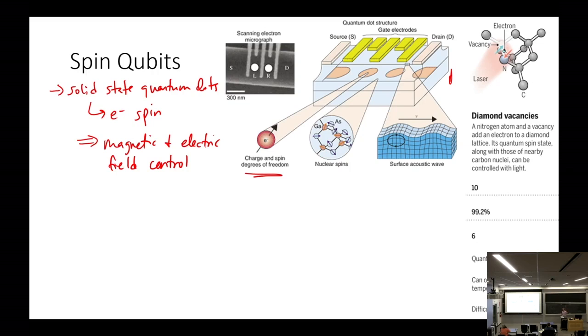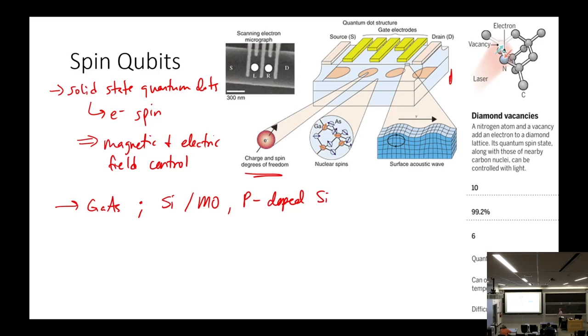The earliest experiments of this type were based on gallium arsenide-based quantum dots, but other types of solid-state quantum dots have also been explored. Gallium arsenide is the most conventional, but you can also create these quantum dots based on traditional silicon technologies: silicon and metal oxides, or even doped silicon, like phosphorus-doped silicon, for example.